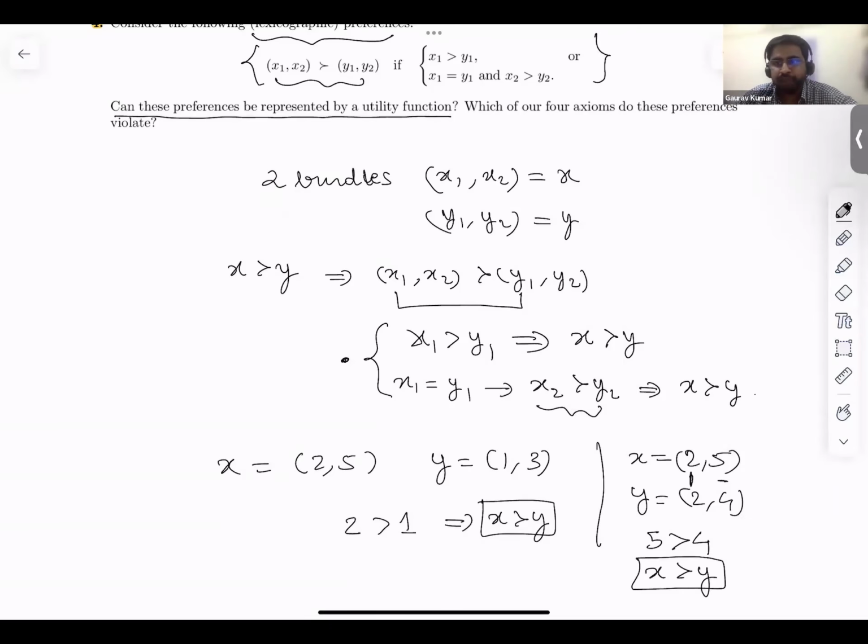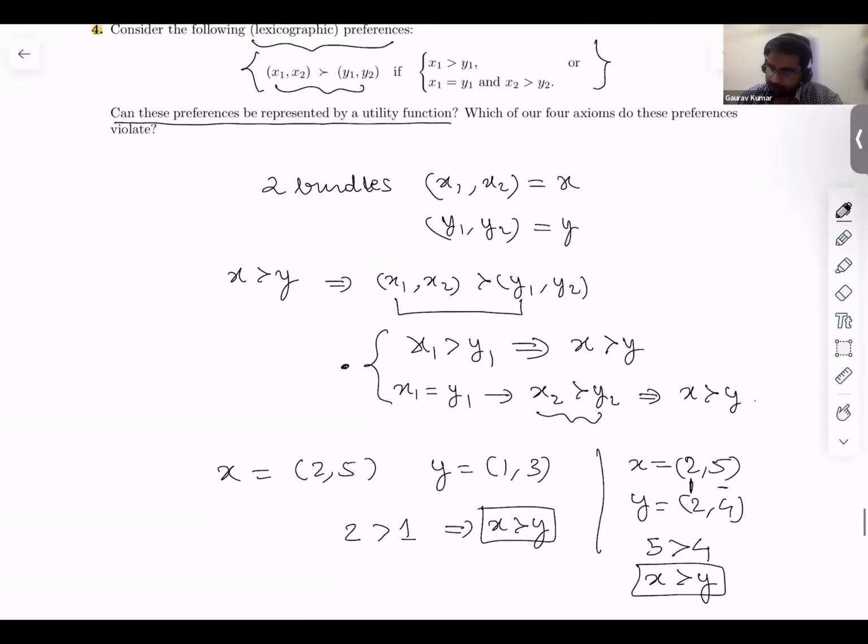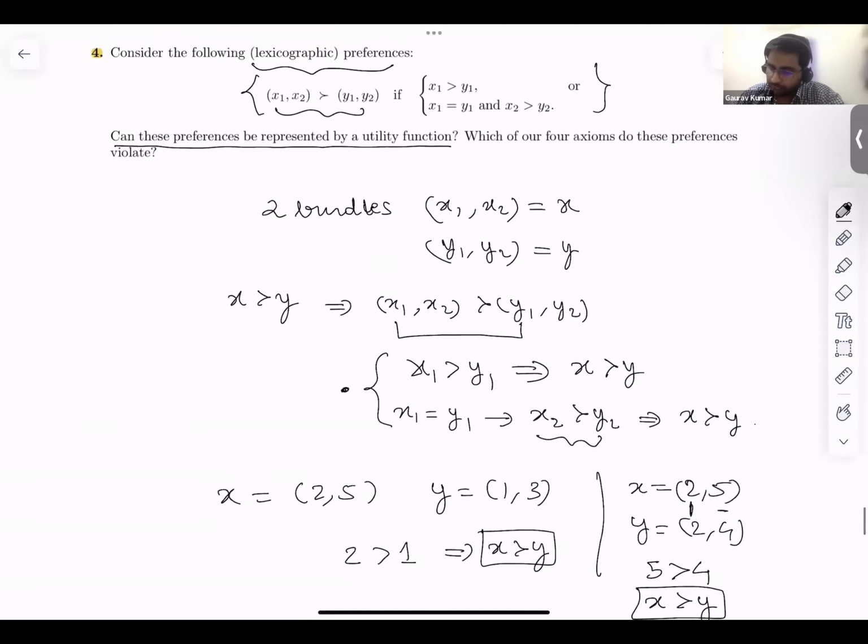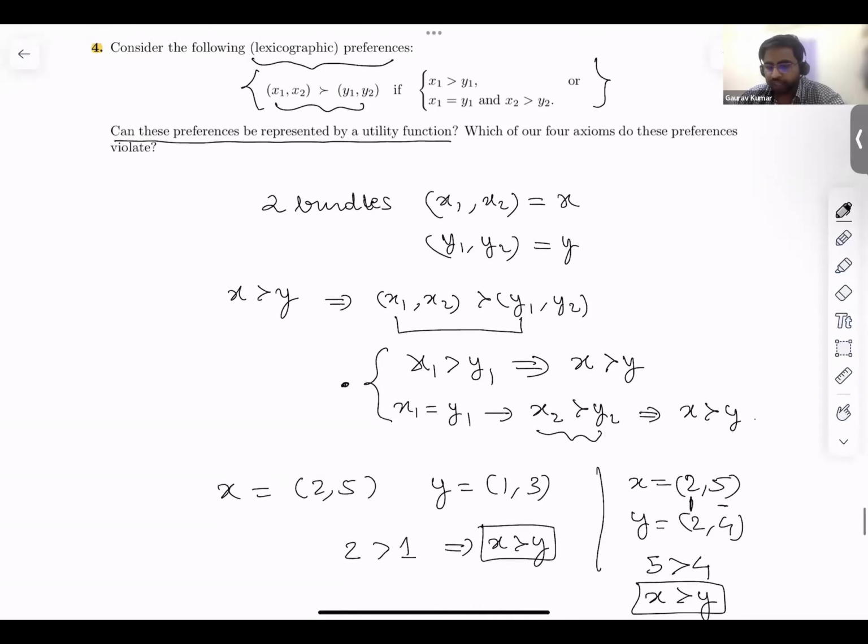This is a straightforward example. Khushi is giving me the answer, and it's right, Khushi. Lexicographic preferences cannot be represented by utility functions because they violate the property of continuity.